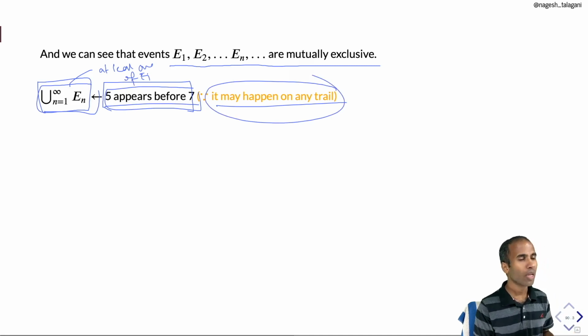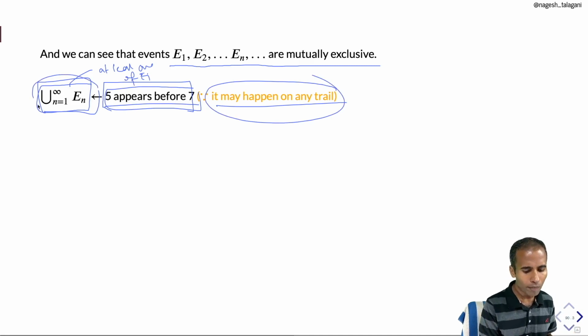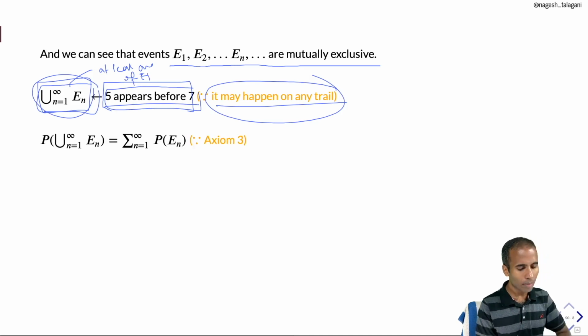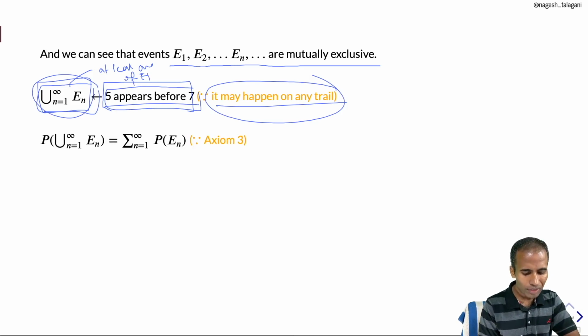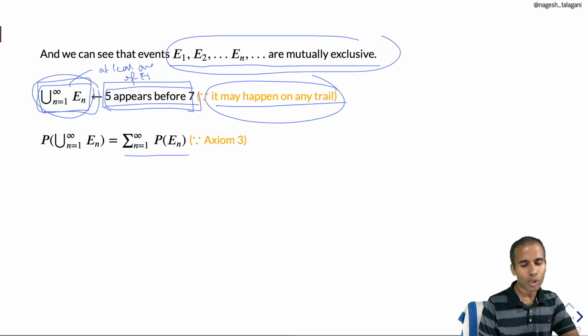Fine. Now we are interested in the probability of this union. The probability of the union of these En is going to be the sum of the probabilities, because we realize that these events are mutually exclusive. So we can use axiom 3. The probability of this union is the summation for n equal to 1 to infinity of the probability of En.